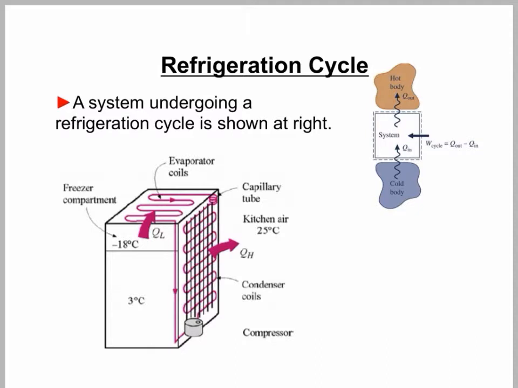I have a refrigerator and I want to keep that refrigerator cold, and that cold is going to go into our system. Having gone into that system, we also have to add work, and eventually we reject the heat to the hot source, which is our ambient conditions of the kitchen.